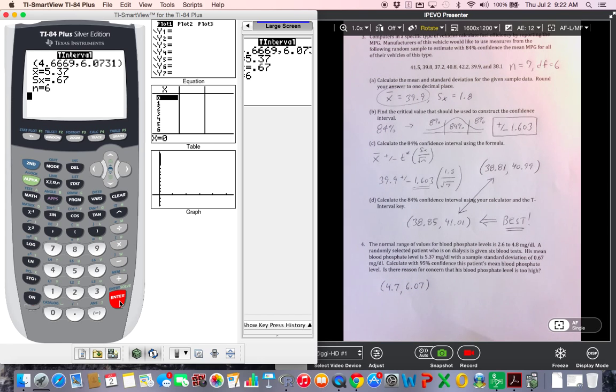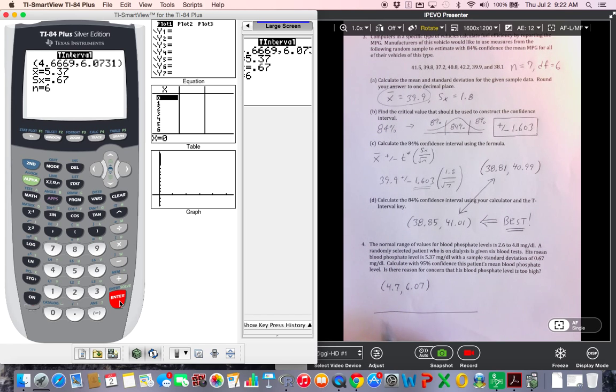Now, is there a problem for concern? Statistically speaking, there's not, because a normal range of values runs from about 4.7 to 6.07.